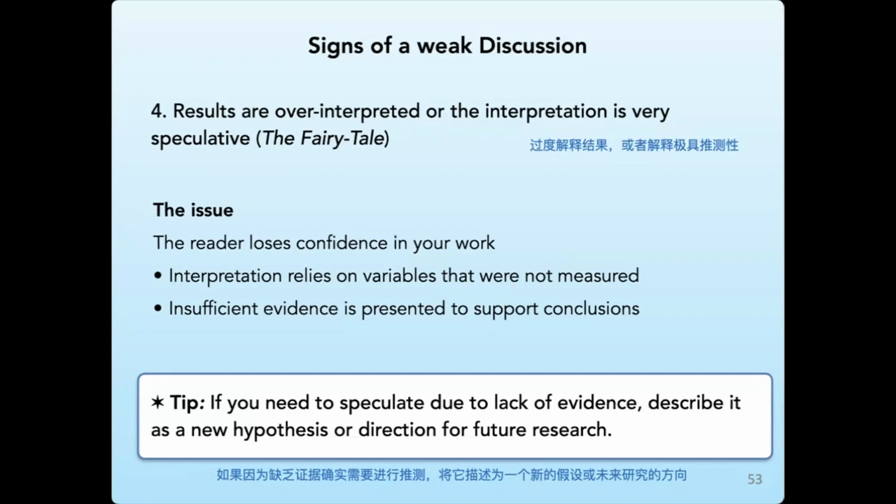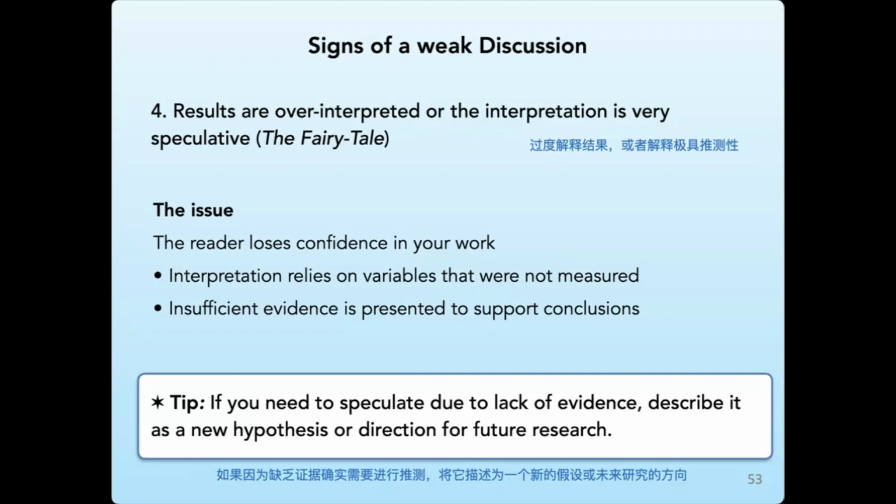Often, overinterpretation is interpretation that relies on variables that weren't measured. So we're starting to speculate, oh, well, this could be because of, I don't know, changes in microbial communities, and I haven't measured microbial communities.